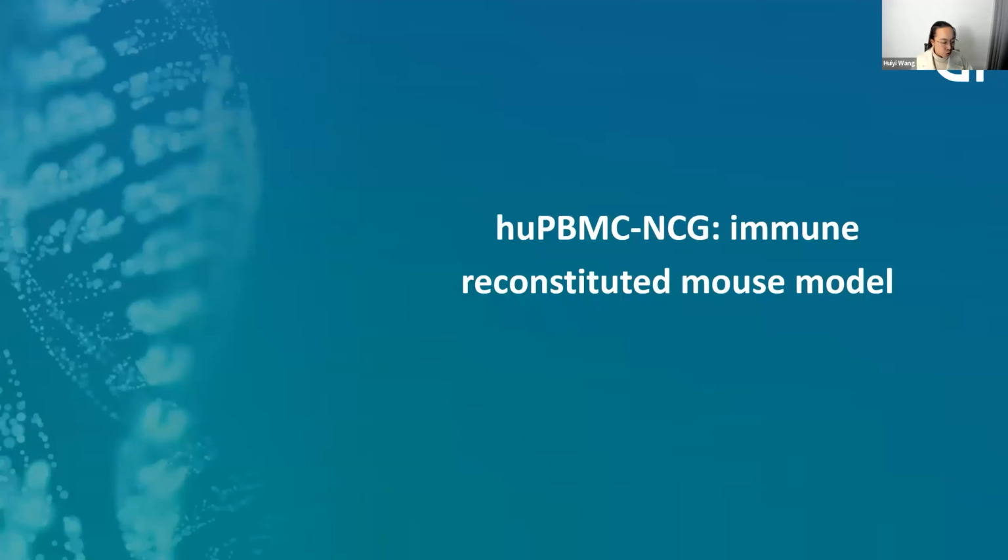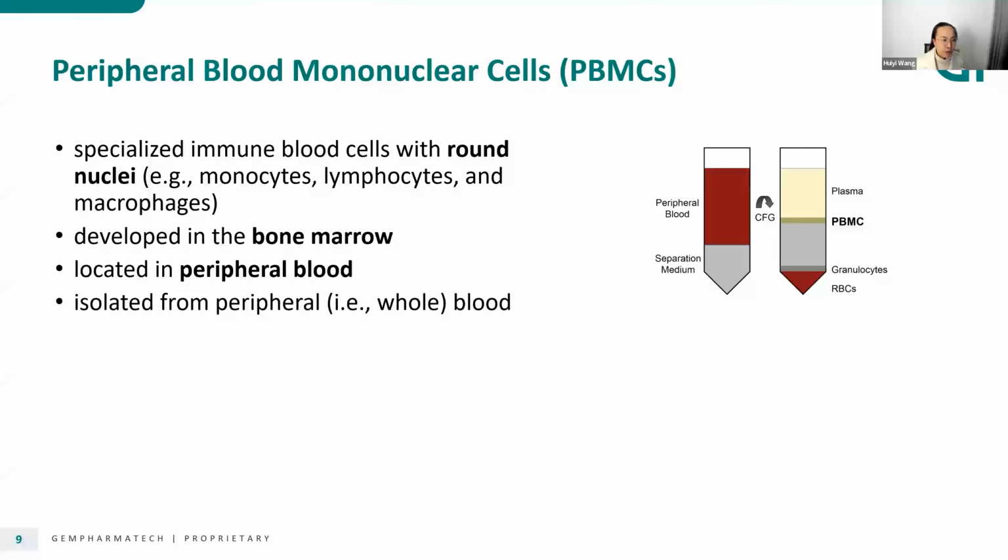Usually we have two methods to construct the immune reconstituted mouse models. One is the PBMC-NCG mouse model. PBMCs are specialized immune blood cells with round nuclei, like monocytes, lymphocytes, and macrophages.